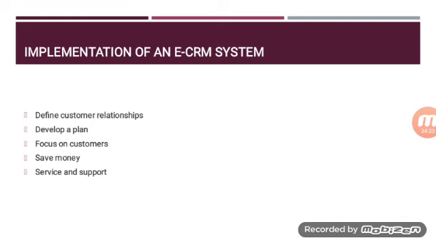So how can an eCRM system save money? When you define your customer, when you focus on your customer, when you already have your pre-plan developed, of course it will help you to save some pennies. How could the money be saved here?